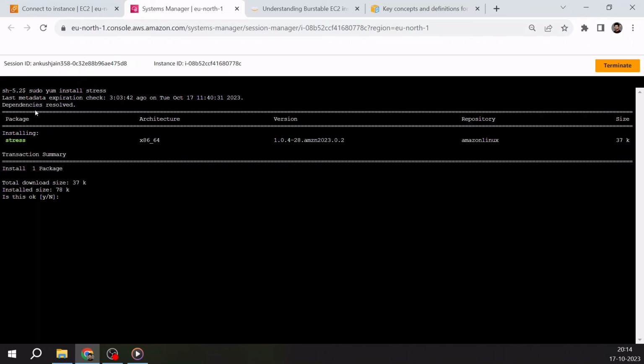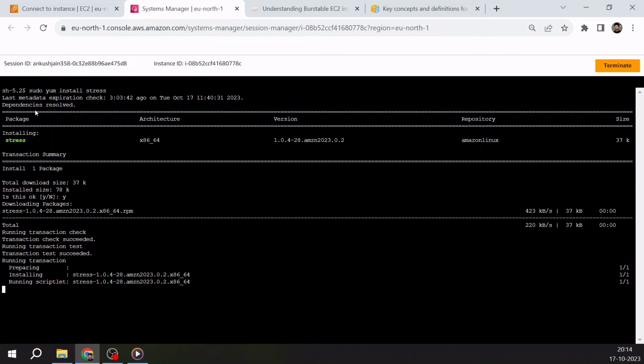So we are connected to our AWS EC2 instance, and I'm going to run sudo yum install stress. This is a utility that we can use for stress testing.